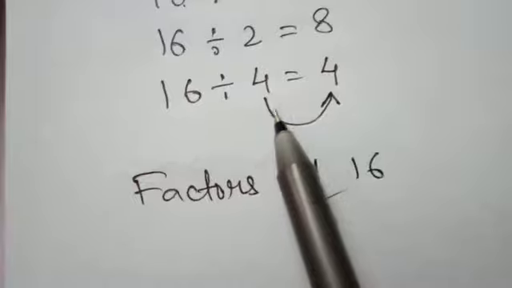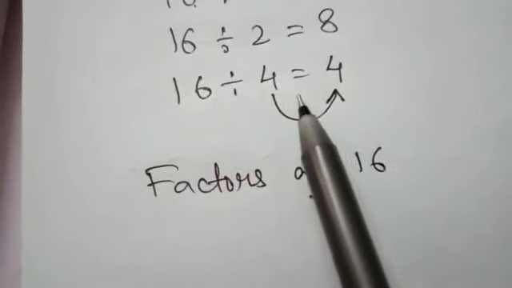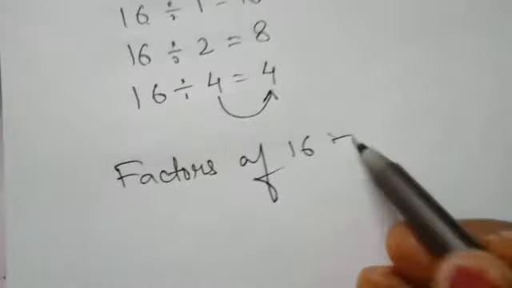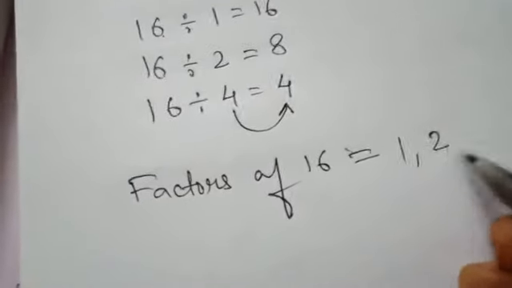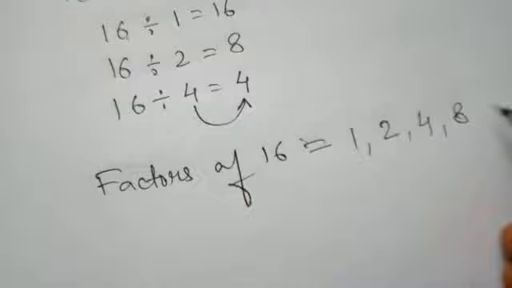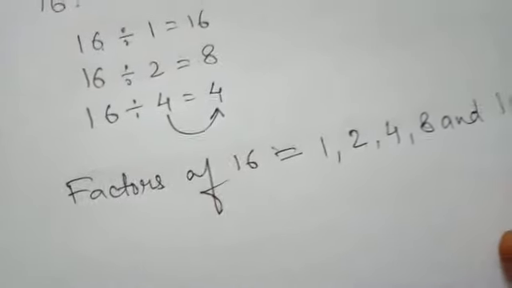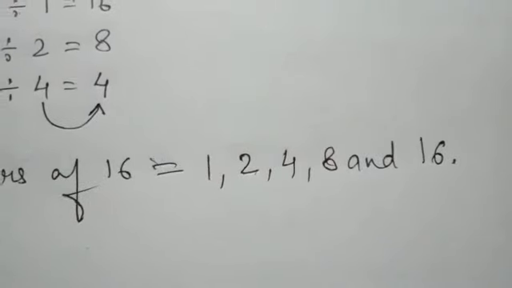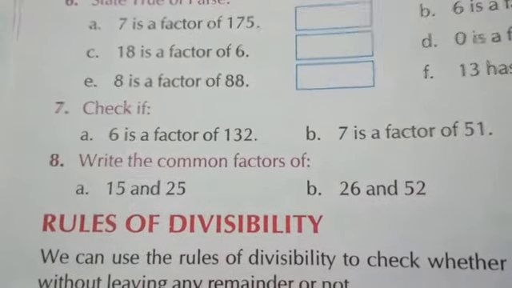So no need of going anymore, just do a U-turn and you will get the answer. So factors of 16 equals to 1, 2, 4, 8 and 16.